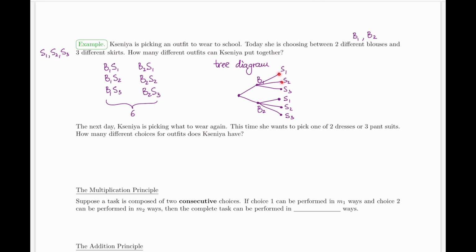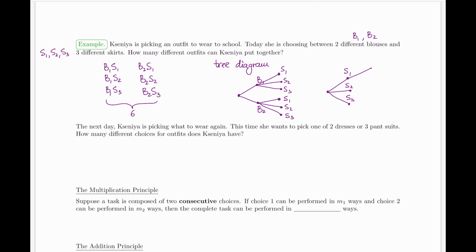So the endpoints here represent all the possible options, which of course are the same as here. Notice that I can draw my tree diagram in the opposite order. What if I wanted to pick a skirt first? Then I will start off without either the skirt or the blouse. I will first have 3 branches for 3 possible skirt options.